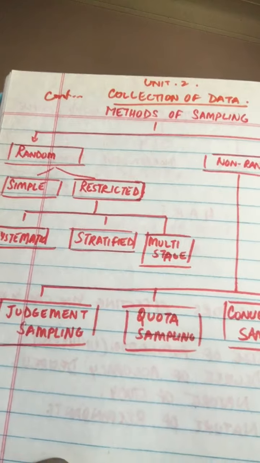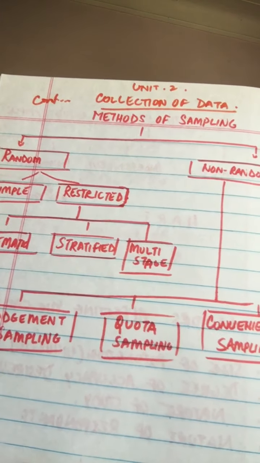So let's just talk about the unrestricted random sampling, which means it is more towards random, at random. Anybody has equal chance of being selected, and that is what is known as random sampling.